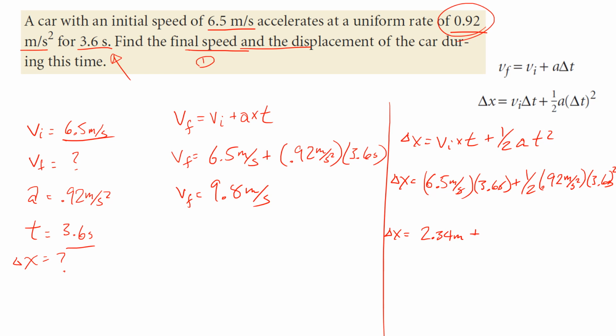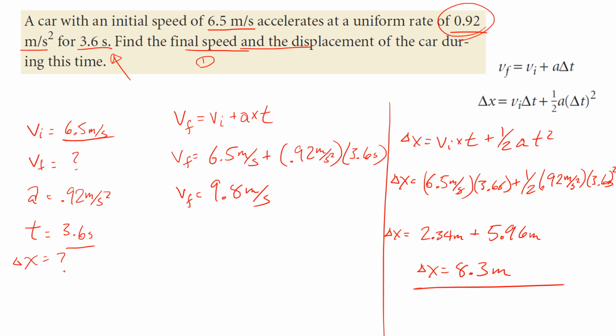So 3.6 squared is 12.96 times 0.92 times 0.5 for a half. So I got 5.96 meters plus 2.34, and I got 8.3. So delta x is equal to 8.3 meters.